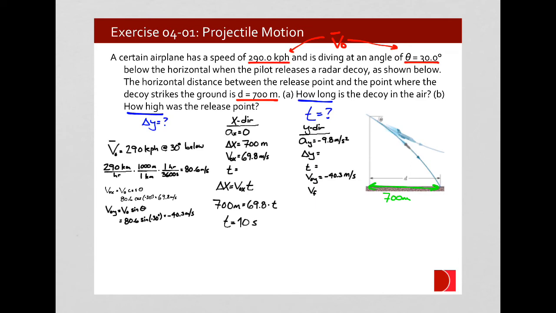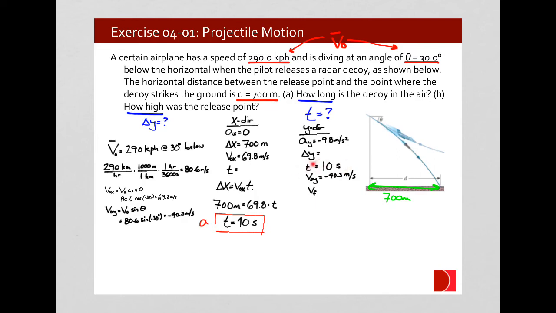Now, if we're traveling for 10 seconds in the x direction in order to cover this horizontal distance, that means we must also have spent that same 10 seconds traveling in the y direction. So firstly, this 10 seconds is the solution to part A, how long the decoy was in the air.